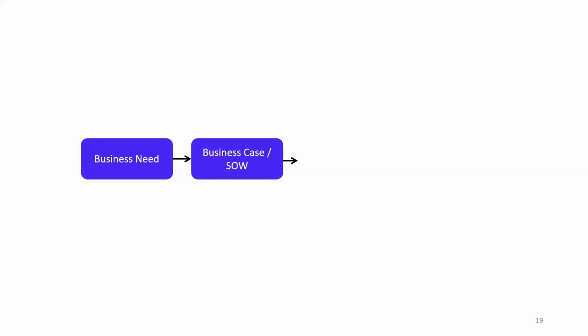For example, I worked in a services organization where we had regular projects, like key business projects and BAU projects. And then all of a sudden we wanted to enter the engineering side of the market. Now there was a business need. We wanted to build capability on the engineering side. So we prepared a business case, the SOW was done, and then we started bidding for it. And then we got into those engineering projects with our customers.